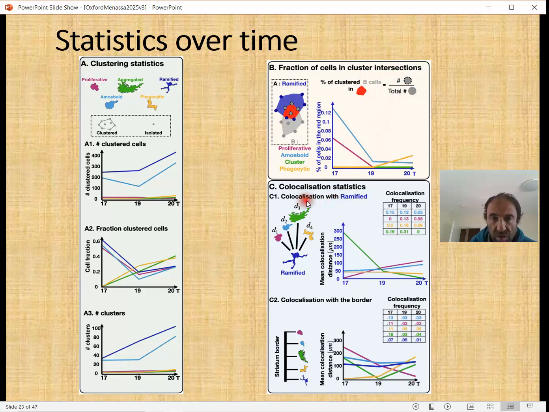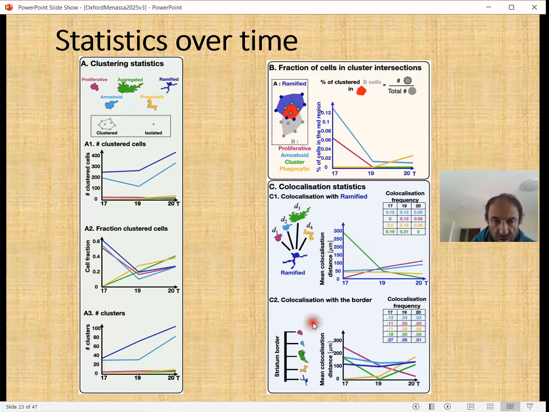And this colocalization with respect to one type. Here we choose ramified, and you can see how the mean distance in micrometers evolves with time. Sometimes it can increase, sometimes it is decreasing. We don't have any idea at the moment of how to interpret all of this data.